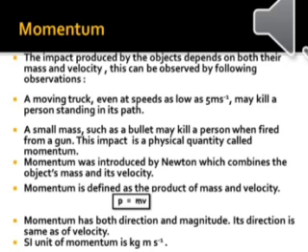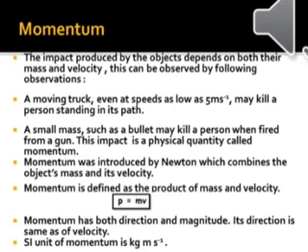The impact produced by the objects depends on both their mass and velocity. Momentum was first introduced by Newton, which combines the object's mass and its velocity. Momentum is defined as the product of mass and velocity of an object.